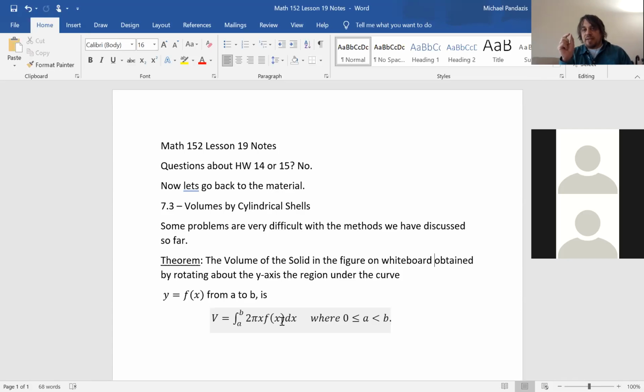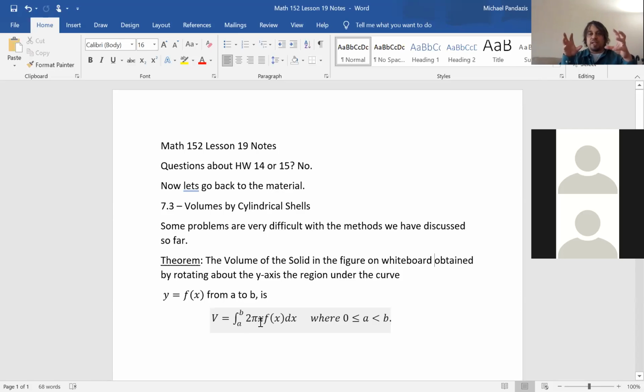You're adding up more and more of them because they're getting smaller in depth, so you need more of them to approximate the space. But when you take the limit of these approximations where the thickness is approaching 0, then you're approaching the actual volume. And so that limit of sums is this definite integral.